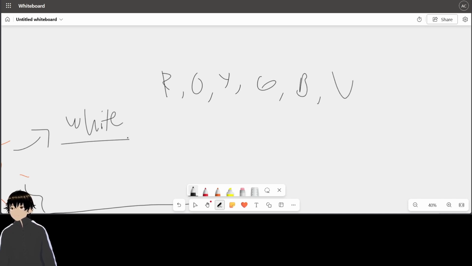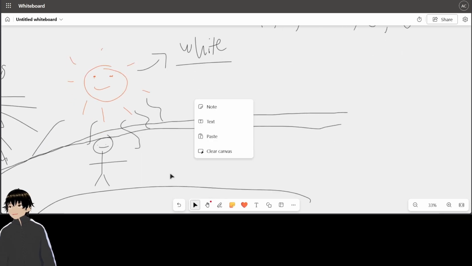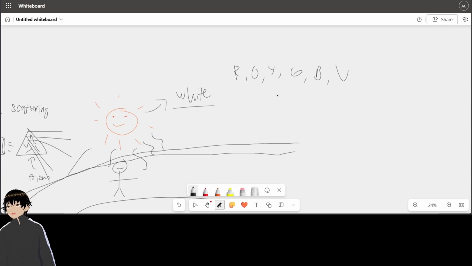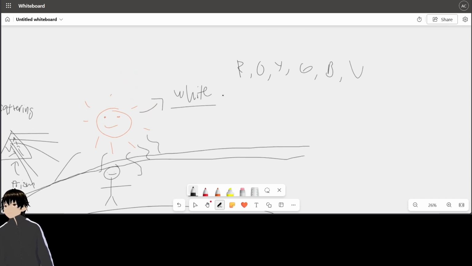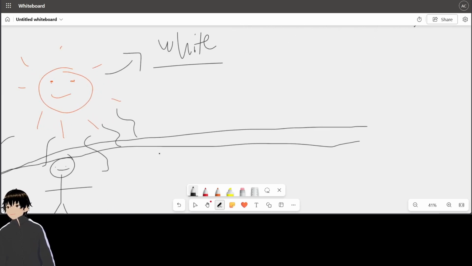All of these colors are made out of white, and when they scatter through the atmosphere of the earth, the colors that make up white go on separate paths because they hit the air molecules. The molecules in the Earth's atmosphere scatter the light as it passes through.